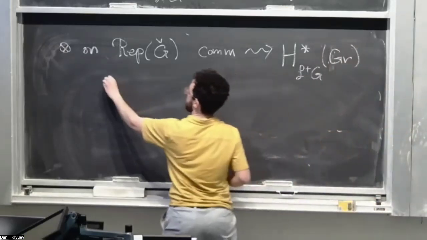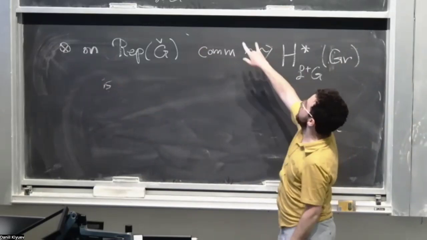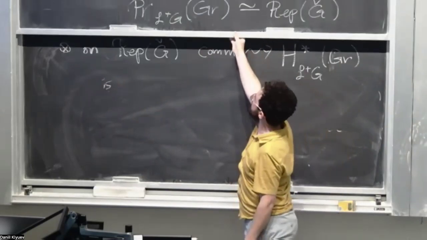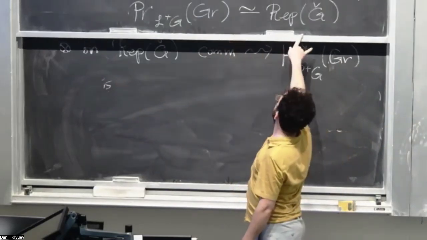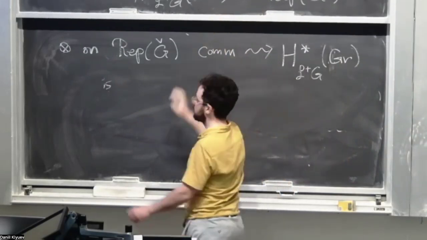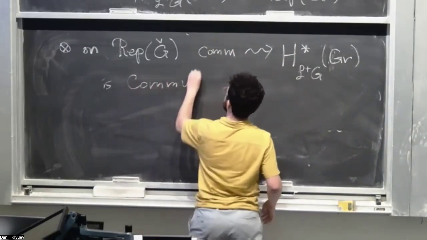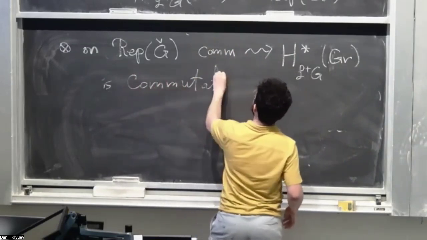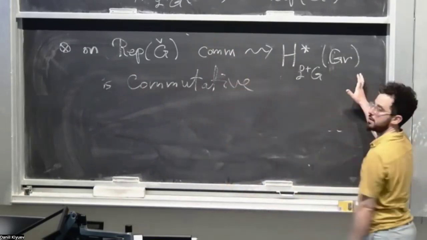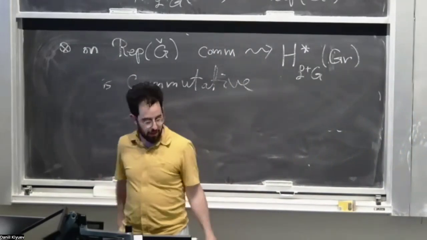This is just the cohomology of the structure sheaf here. You can also just take it as a black box that this ring is commutative. It's going to be just a minor detail in the proof, but still there.